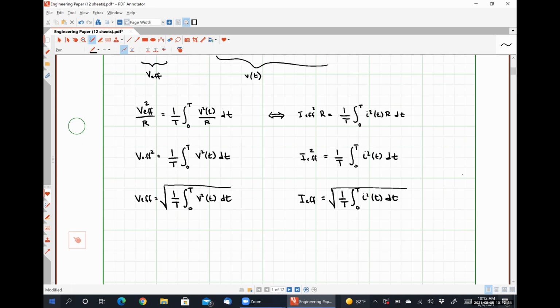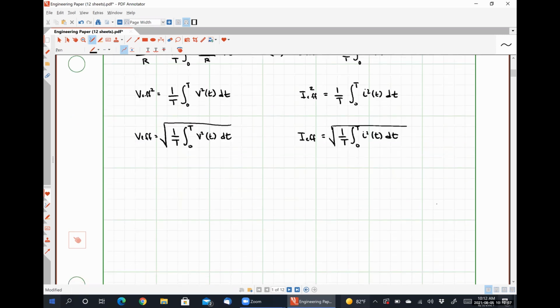So we're taking the square root of the average value of the square of the voltage and the square root of the average value of the square of the current. So that's where that RMS comes from. And we're going to use that RMS thing as a unit to differentiate between effective values and instantaneous values of voltage.